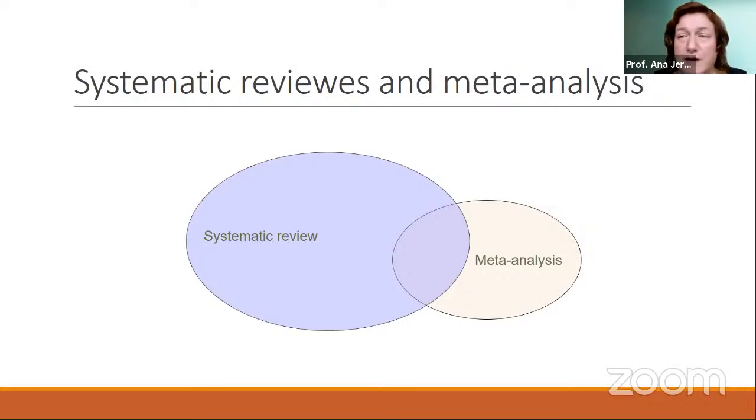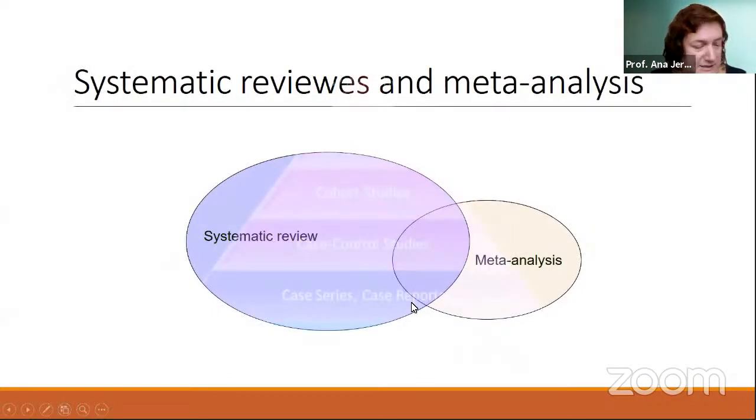Also, we can find systematic reviews without meta-analysis. It is quite okay to have a systematic review without meta-analysis if studies are so heterogeneous that you cannot summarize the results together. And of course, what we are actually hoping to find is systematic reviews with meta-analysis.